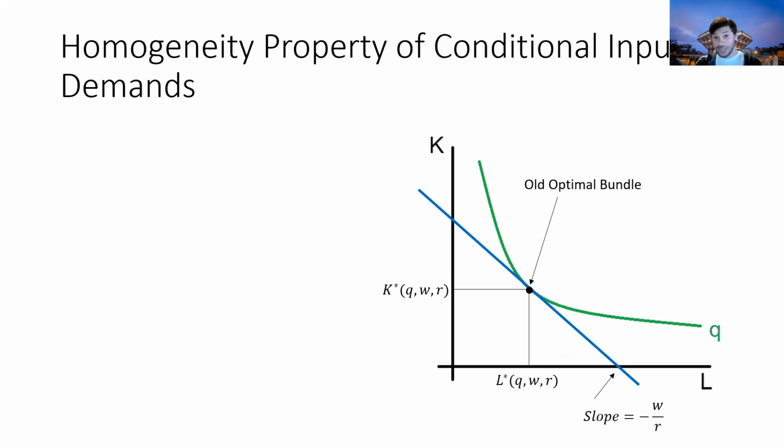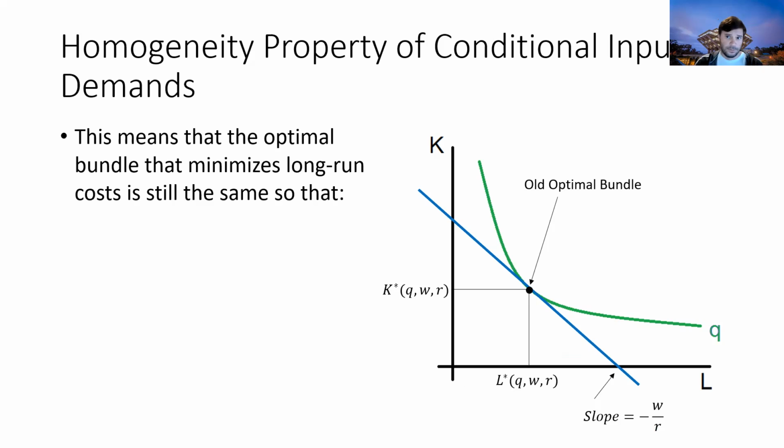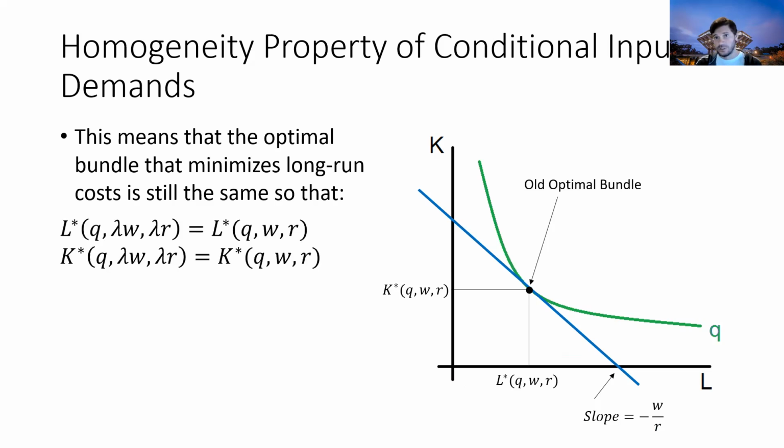It is not going to change. That's right. It means the optimal bundle is still the same. So if we doubled all the input prices or tripled all the input prices or lambda'd all the input prices, that should not change the conditional input demands for capital and labor here.